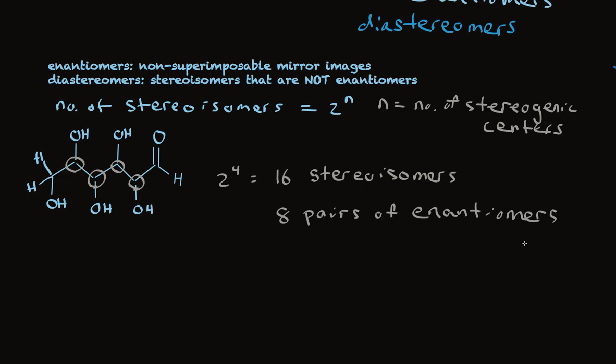Now I picked this molecule for a reason. One of these pairs is glucose. And you know glucose, most likely, it's a sugar that plays a central role in metabolism. So it's very special. The pair of enantiomers is called glucose. We need to be able to say which enantiomer we're talking about when we're talking about the glucose isomers.